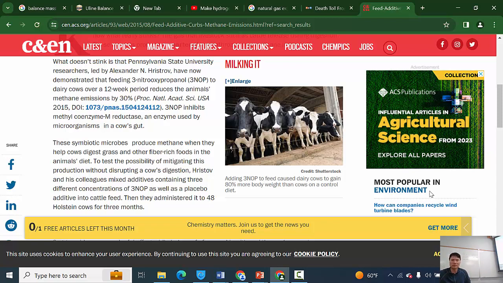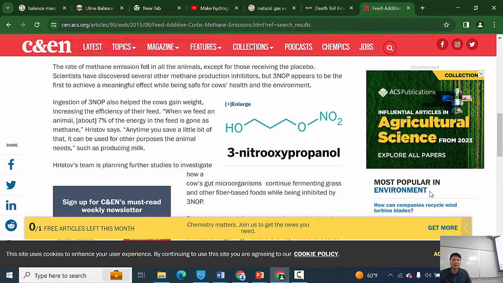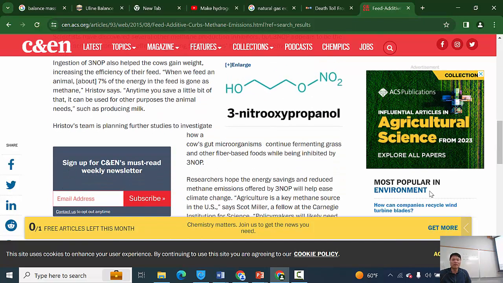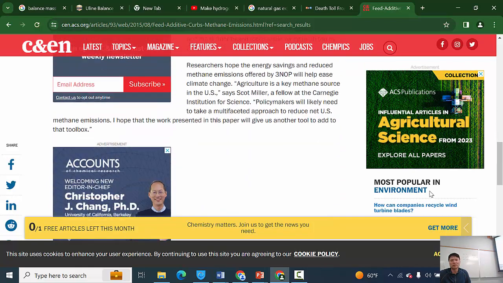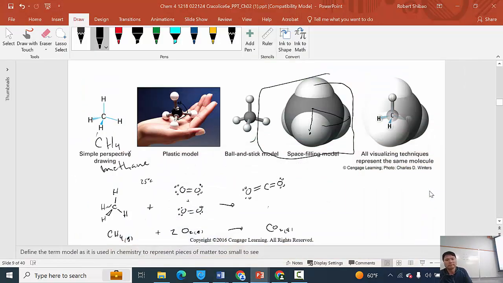So people are looking at creative ways rather than an outright ban. And so maybe rather than banning gas appliances, maybe they could figure out other ways to do it, and then maintain certain things. So that's what's happening now.